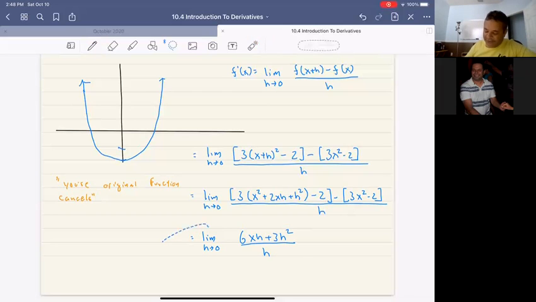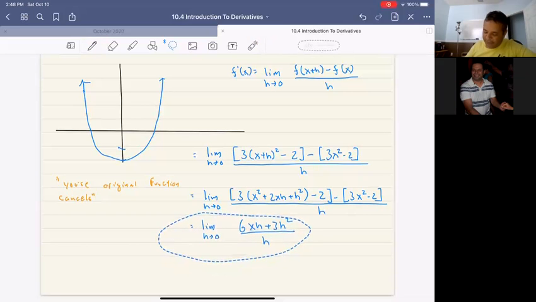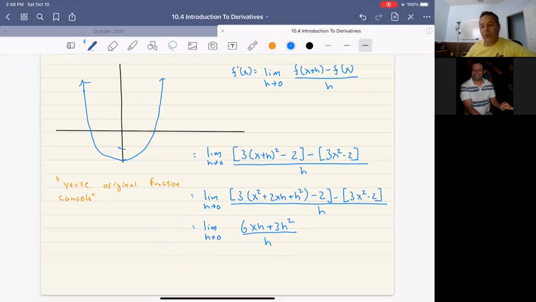Let me move this just a little bit here. Now, one thing that I know calculus students love to do, cancel this h here, we're done. No, not quite. You have to factor out that h first.